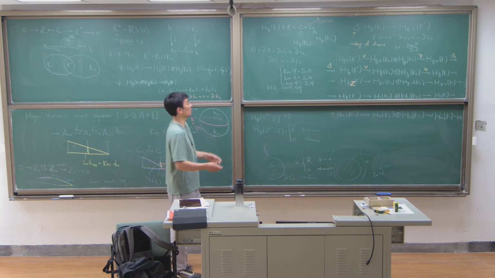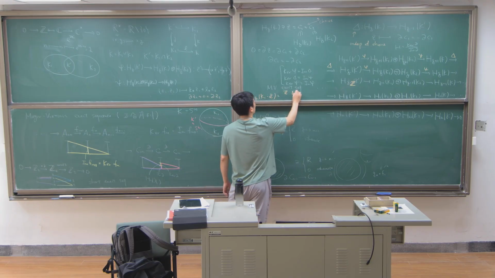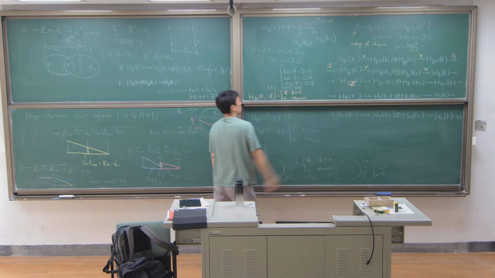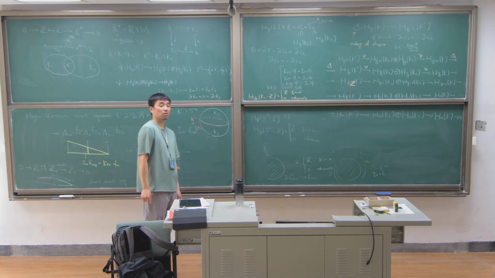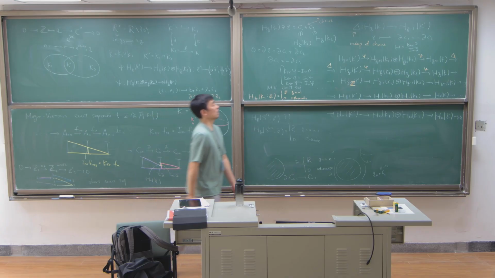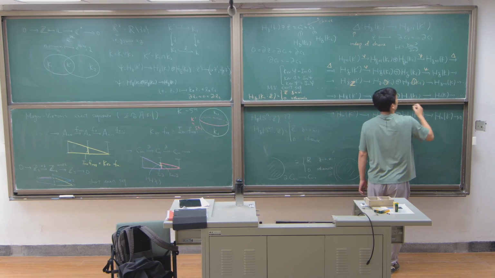So everything, so H of Ki is Z in degree 0 and 0 otherwise. Okay? So then this is 0, then this is 0.